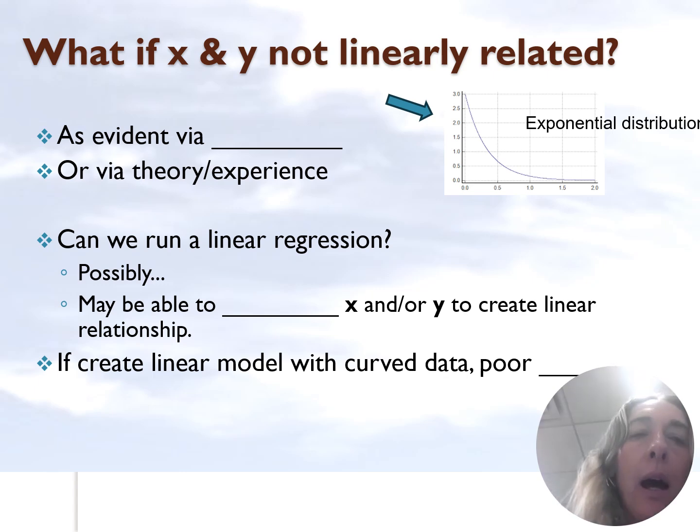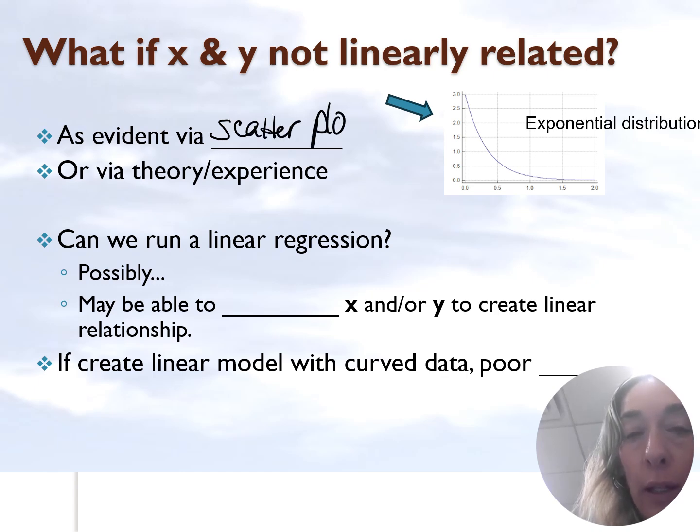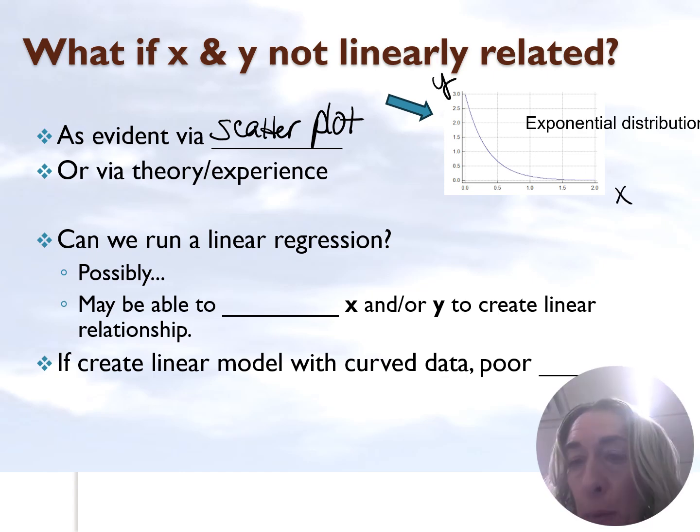But the question arises, what if X and Y are not linearly related, perhaps as evident via a scatter plot of your XY data, such as the plot on the right that shows not a linear relationship between X and Y, but actually more of an exponential relationship?